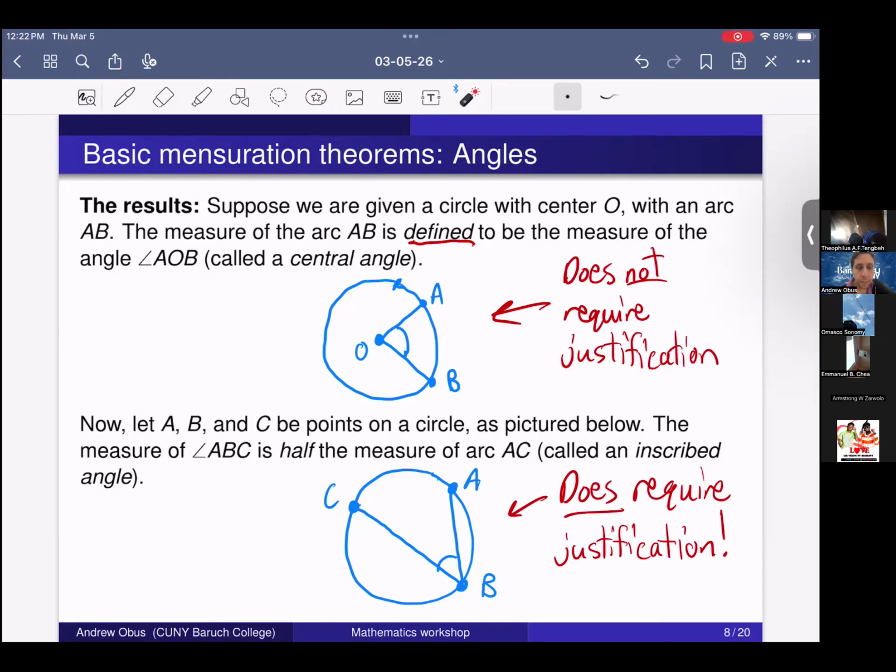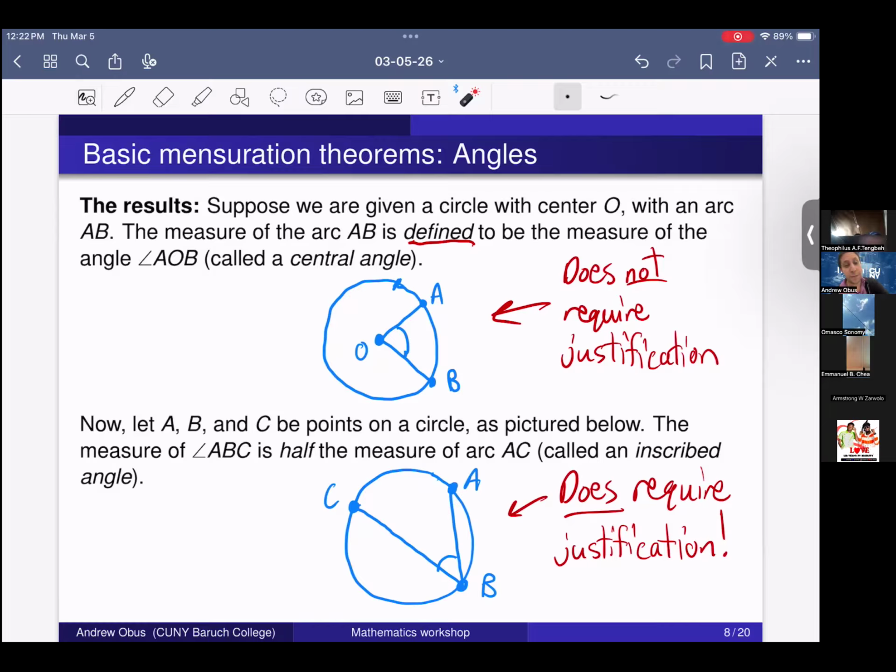Well, it's not the arc length. The arc length depends on the radius of the circle. But when we say the measure of an arc, we don't actually mean the arc length. We mean the measure of the arc in degrees, or radians. So in that case, they are equal.